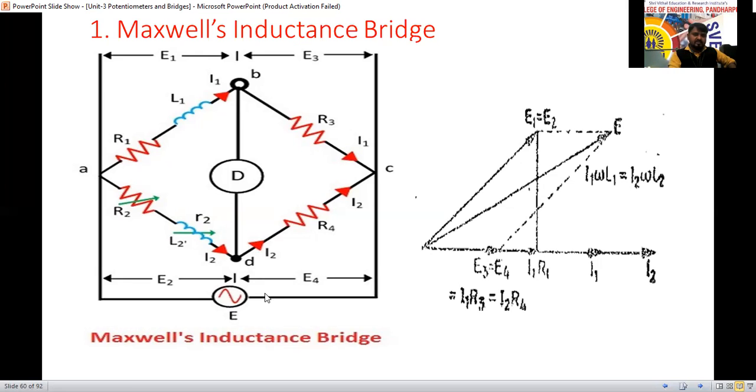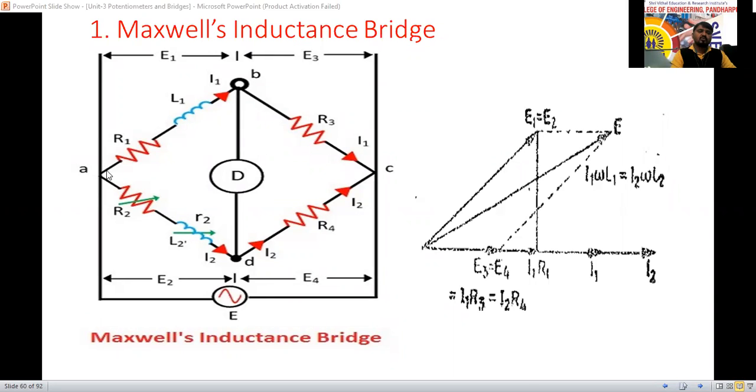Here R1 L1 is there, here R2 L2 is there, but this inductor is not pure inductive. It has some resistive part, that is small r2. So it is a combination of resistance and inductance; this inductance has some resistive part also.